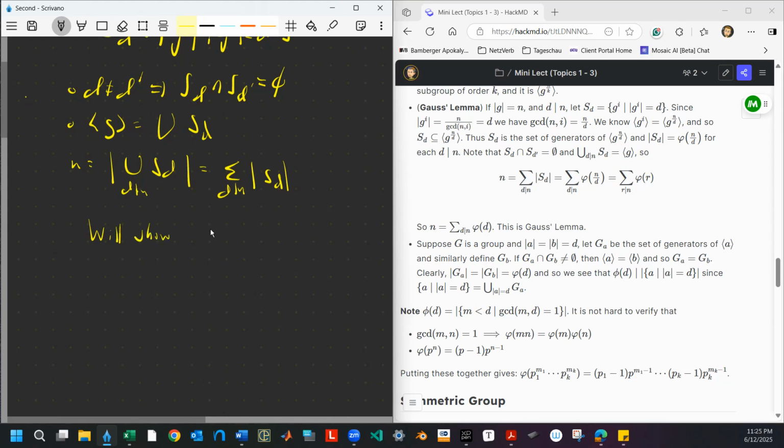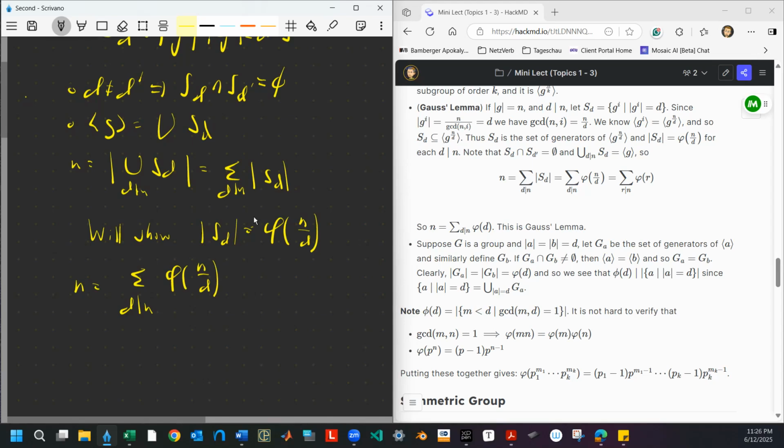In some sense we've already done it above. So then we'll get that n equals the summation over d dividing n of phi of n over d.